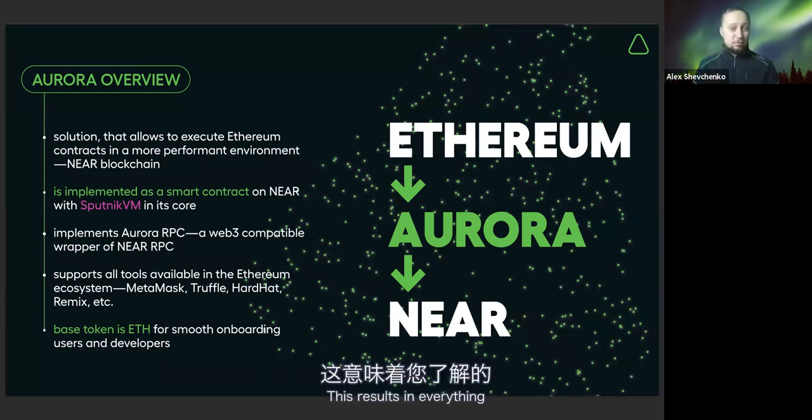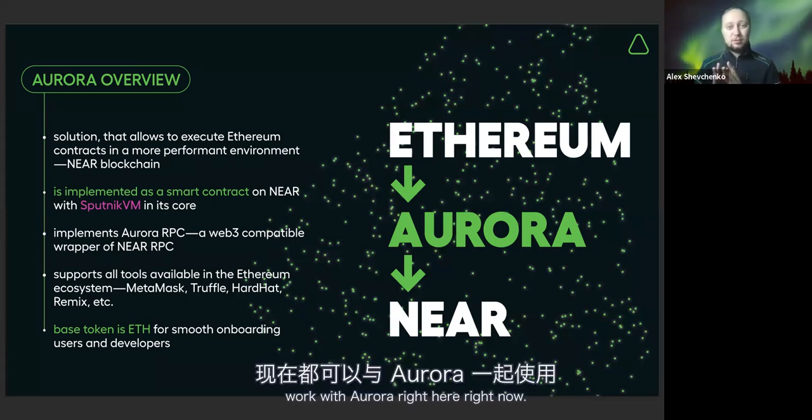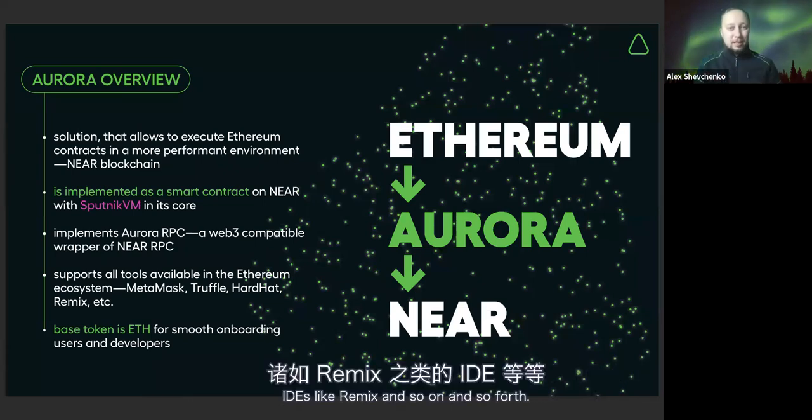This results in everything that you literally know about Ethereum being able to work with Aurora right now. MetaMask and other wallets, Truffle, Hardhat, or other developer tools, IDEs like Remix, and so on and so forth.